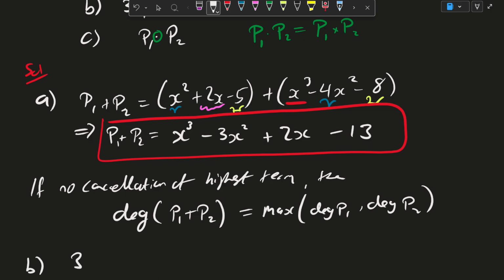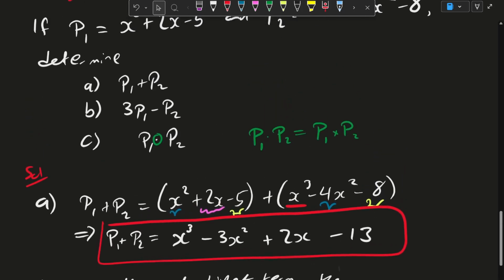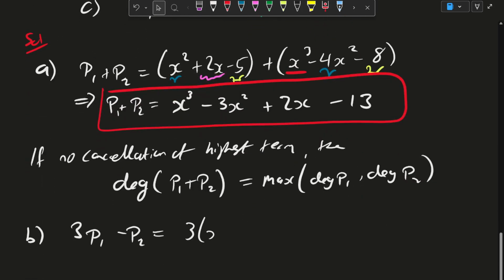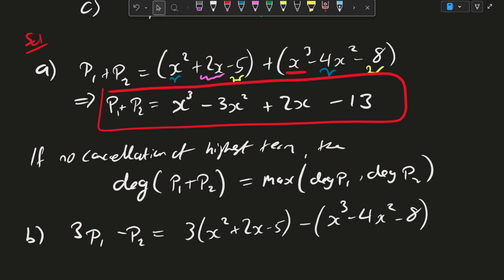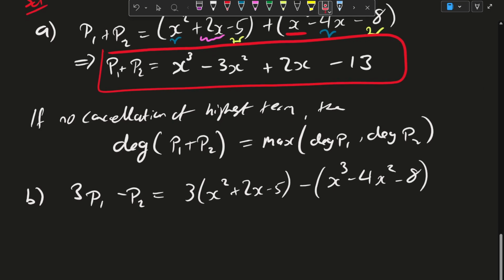So if we want 3p1 minus p2, p1 we can write as x squared plus 2x minus 5, and then subtract p2, which is x cubed take away 4x squared take away 8. So whenever we have a number in front of a polynomial expression, it pretty much just jumps in and hits every single term individually.